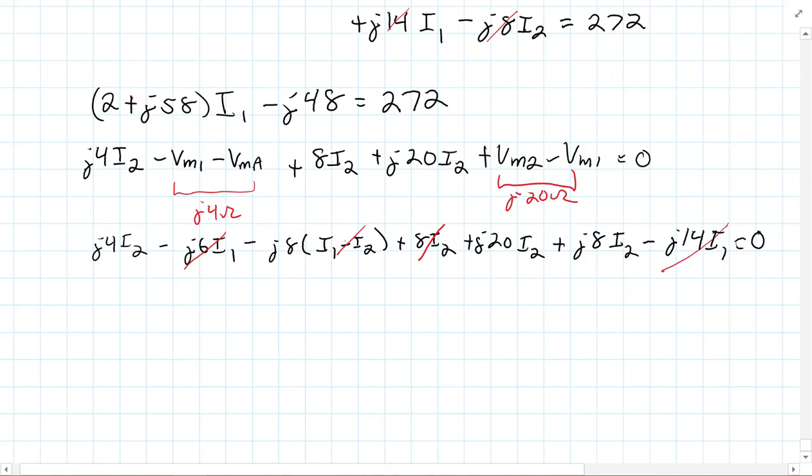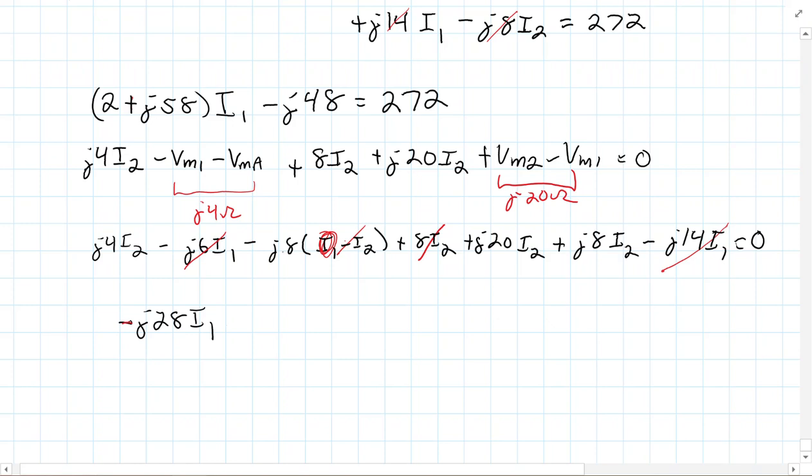So I got minus 6, and then I wasn't careful. This is the I1 here. So it's minus 6, minus 8, minus 14. So this would be minus j28 I1, so let's double check that.